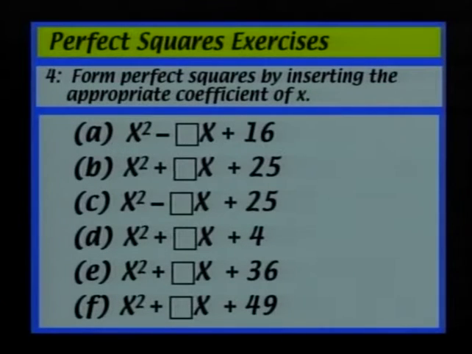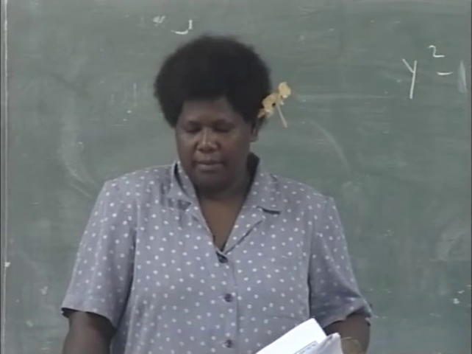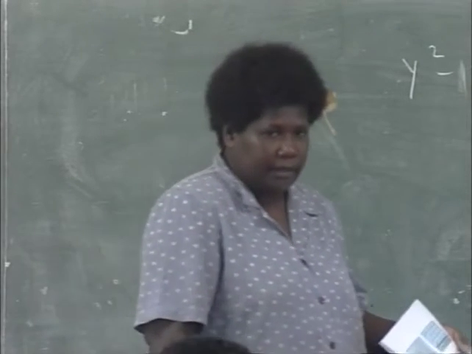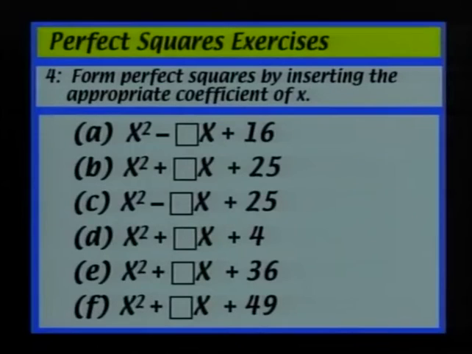X squared plus 4x plus 4. Correct. Gabriel. X squared plus 12x plus 36. Correct. Peter. X squared plus 14x plus 49. Very good. Okay, the rule in this case, you get the square root of the third term and you multiply it by 2. So for letter A, square root of 16 is 4. 4 times 2 will give 8.